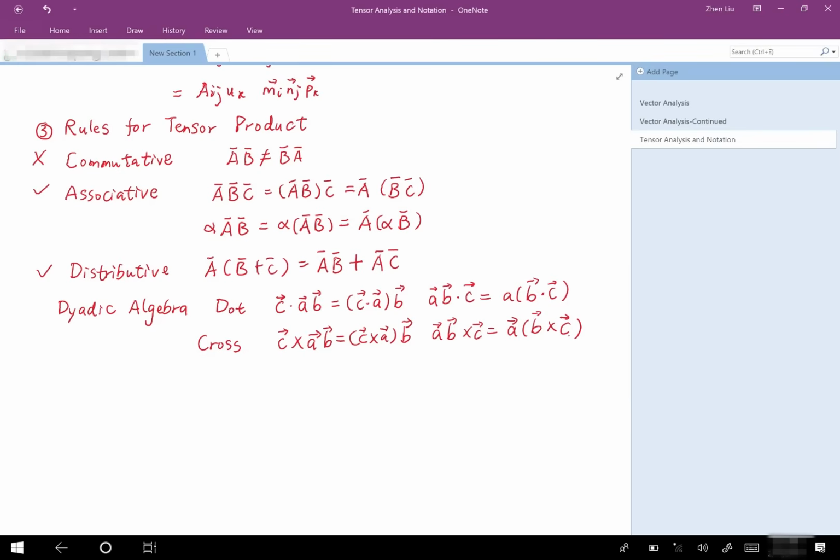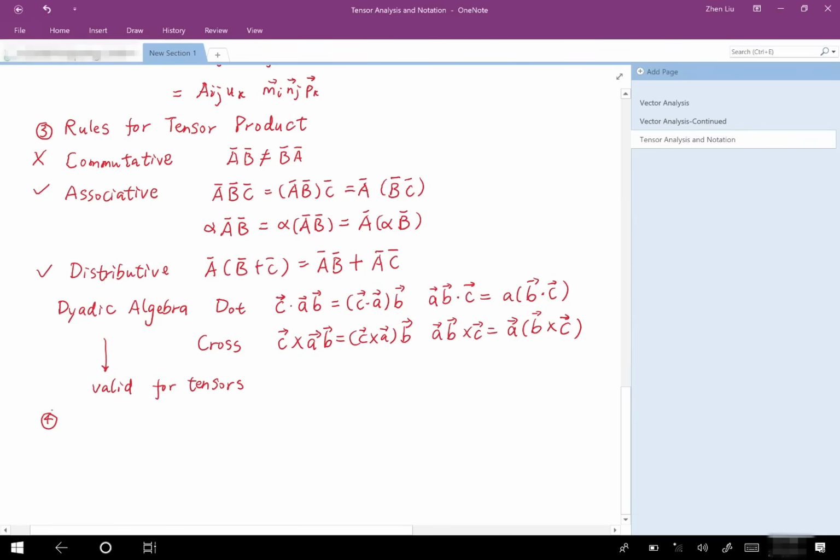However, this rule is also valid between tensors, because tensors can always be viewed as the combination of basic first order vectors, right? Just put them together. So we can use the rule in the same way.